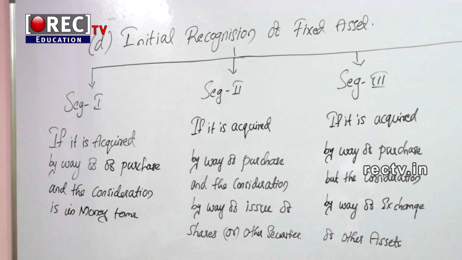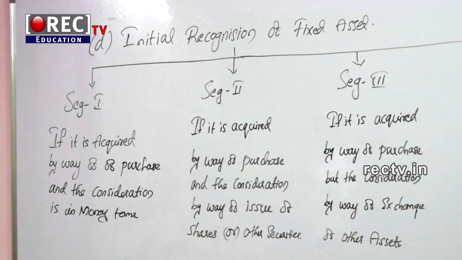And the taxes paid on procurement of fixed asset, if allowed as a credit, should not be capitalized with the asset, otherwise you can capitalize. And the fourth is cost incurred on trial run, so that the asset becomes ready for commercial run, which can also be capitalized with the asset.